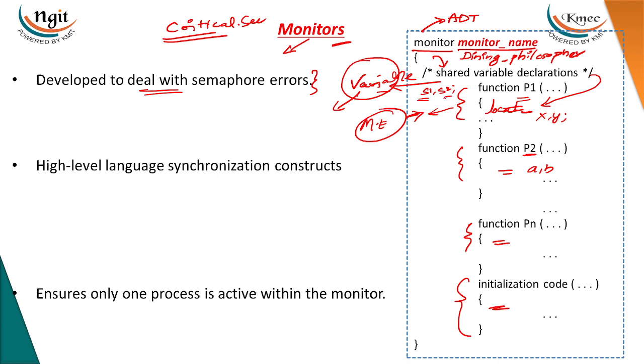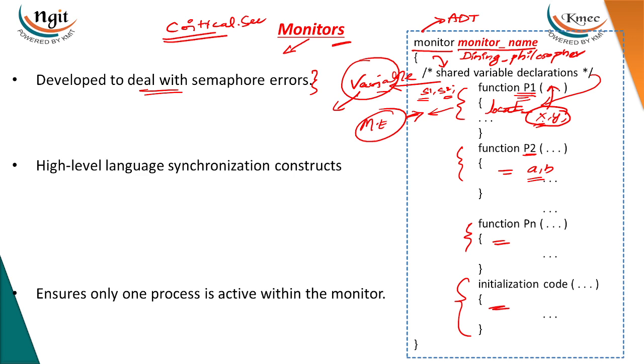These shared variables can be used by P1, P2, and so on up to Pn. But x and y can be used only by P1, along with its function parameters. P1 cannot use the local variables of P2, and P2 cannot use the local variables of P1.